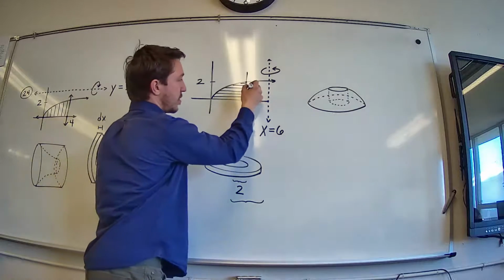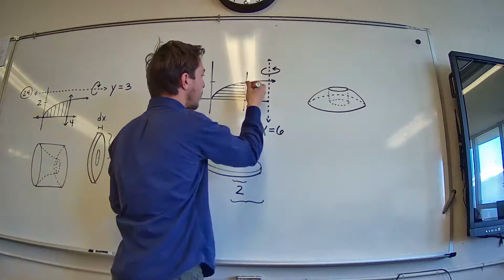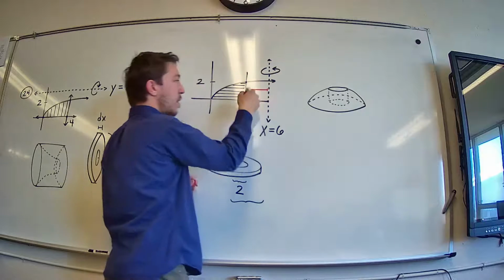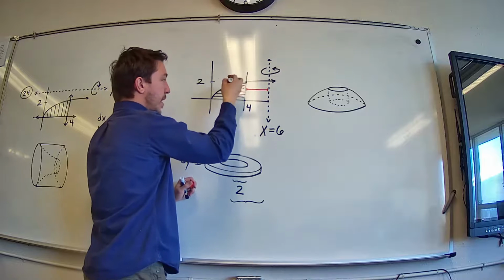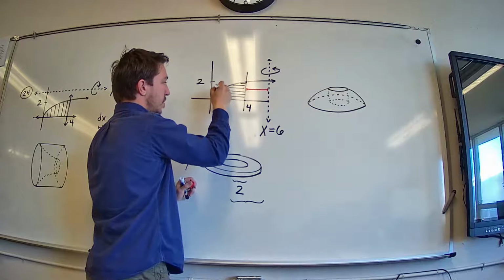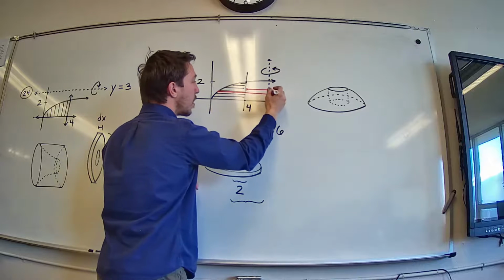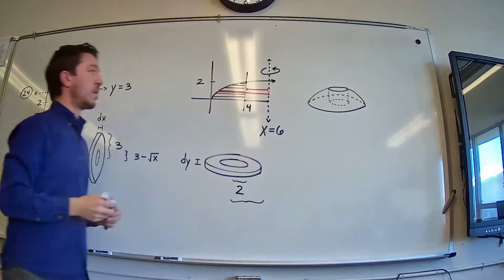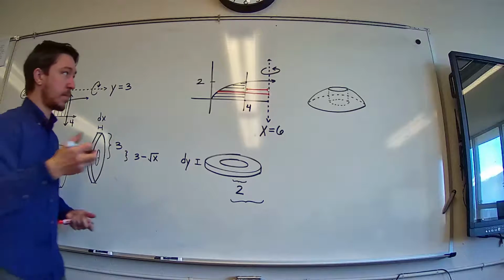So just keep in mind, this right here, I'll put it in red. The inner radius is right here, that distance. And then the outer radius, just taking an arbitrary point. 6 minus y squared. What's that? 6 minus, yeah, very good.